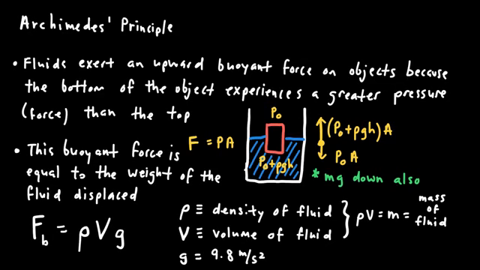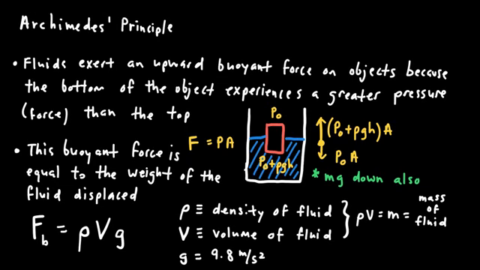So if I can express the force exerted by the fluid as the pressure times the area, then the upwards force due to the pressure at the bottom of the object would be equal to the total pressure of P naught plus rho g h times the area of the bottom of that object.